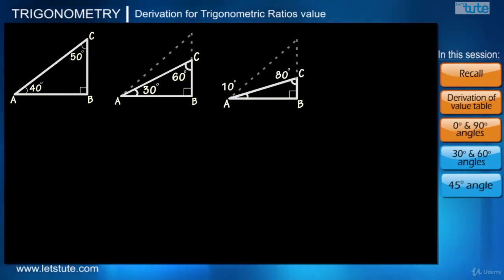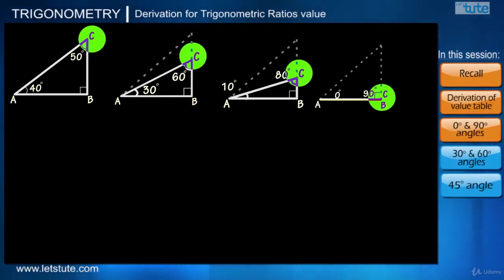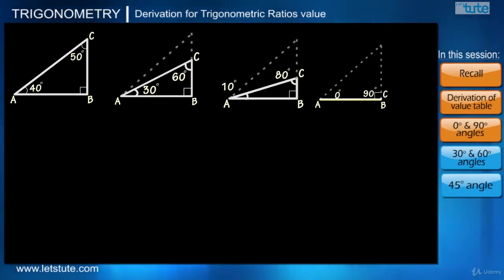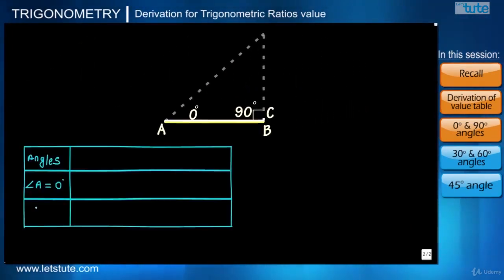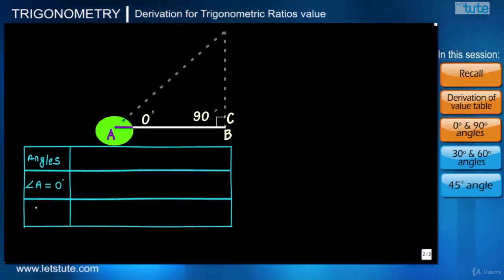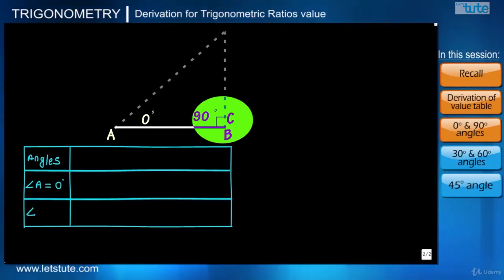So like this, if we go on decreasing angle A till it becomes 0 degree, we can observe that angle C is increasing and side BC becomes shorter and shorter. And at some point of time, when angle A is very small or equal to 0 degree, angle C is increasing, so it will be very close to 90 degrees, that is, it will be equal to angle B.